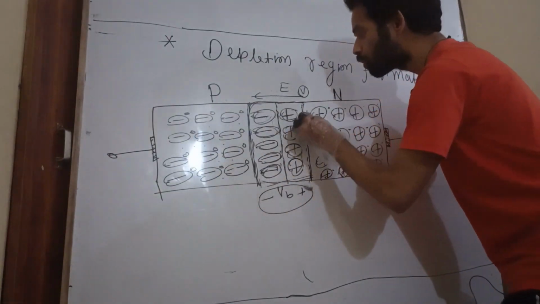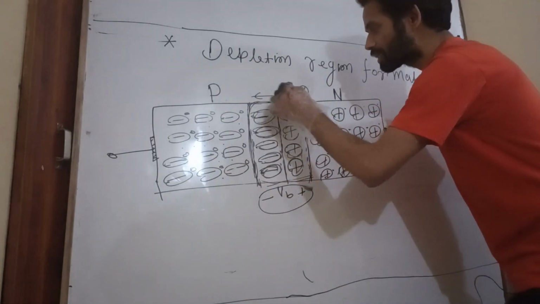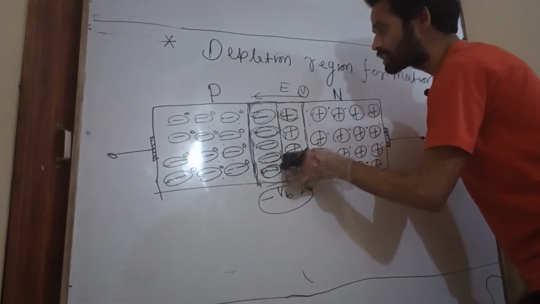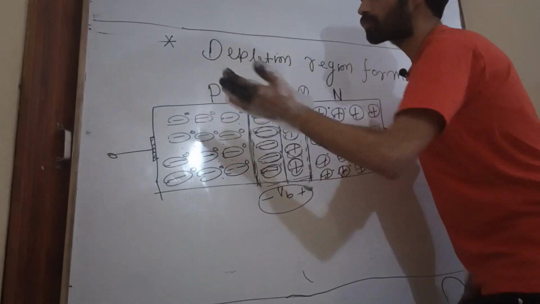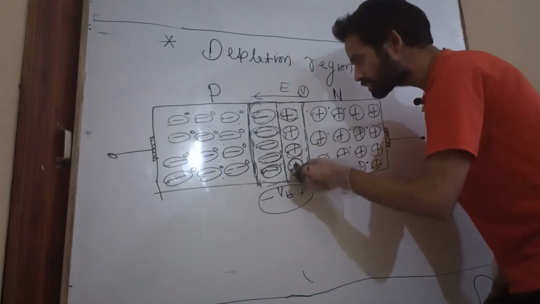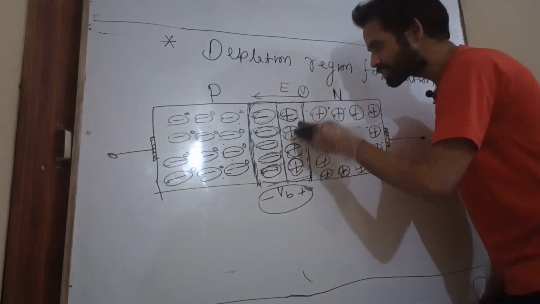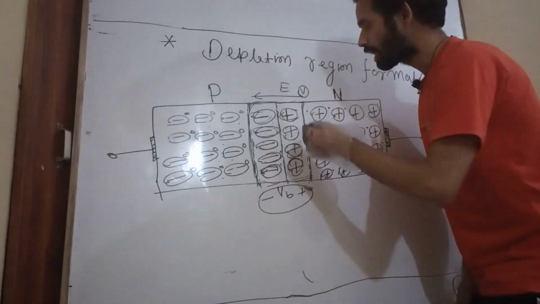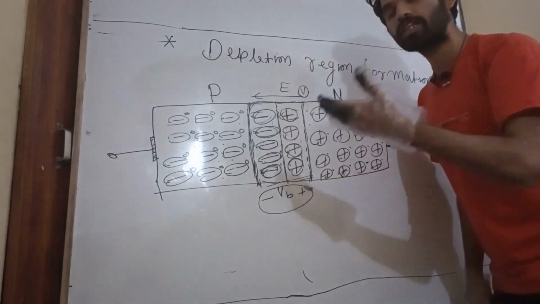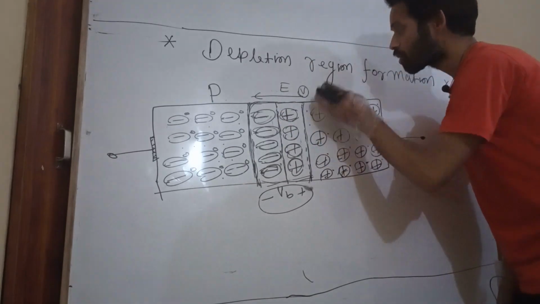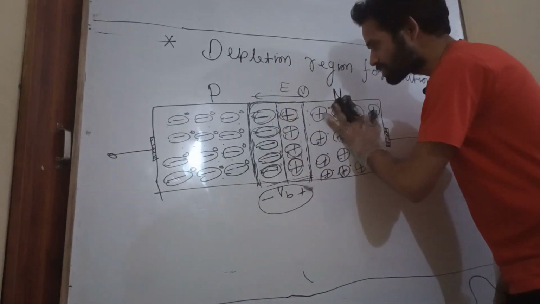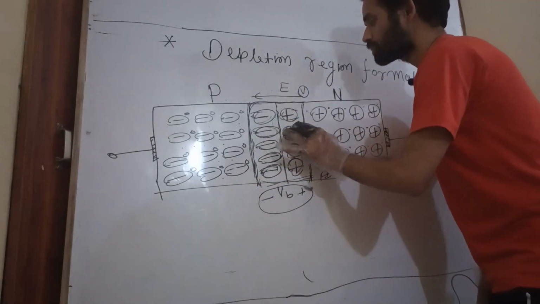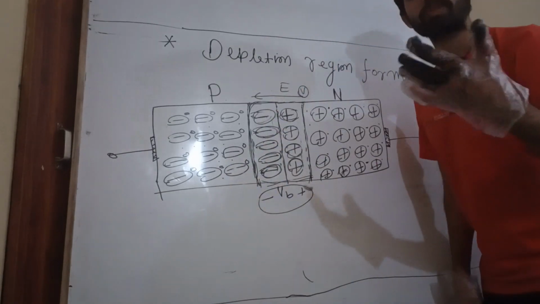Then some of the holes will quickly recombine with some of the majority charge carriers near the junction, and will disappear from the scene. Because of that, there is some positive charge on the n side which does not have any electron to neutralize it. Hence on the n side there is some region near the junction which is uncovered, or depleted of electrons.